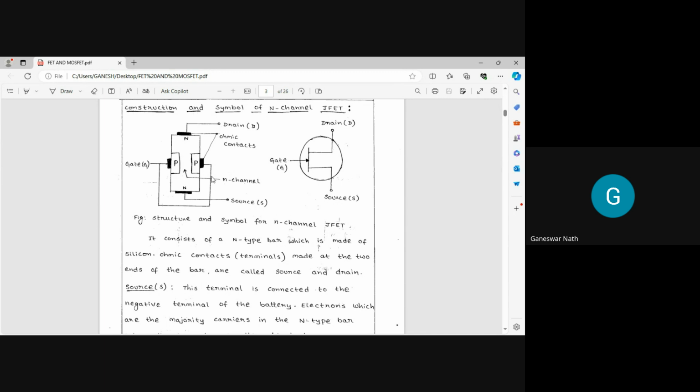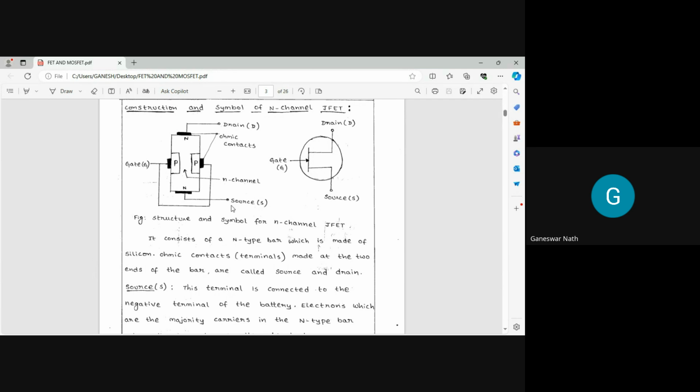So this N channel acts as the substrate where you can find the majority charge carrier electron, and this is the basic symbol of an N channel FET. N channel FET has the majority charge carrier electron. So you can find this is the drain, this is the source, and this is called the gate actually.